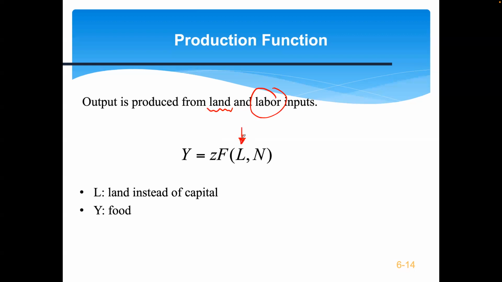It's because we are in the agriculture economy. That's what Malthus observed in 1798. So in this agriculture economy or society, land is crucial because we rely on agriculture, and agriculture relies on land. Land is the main input.